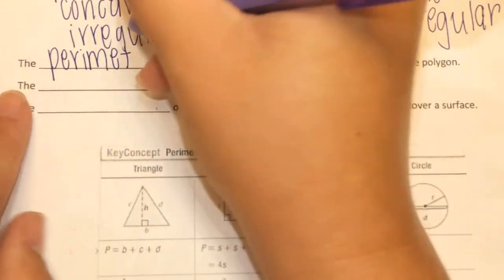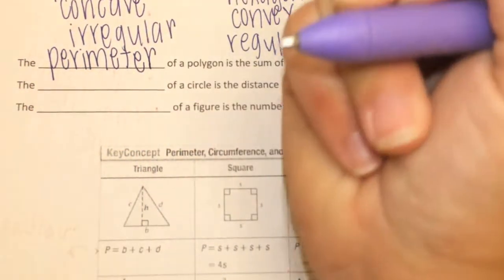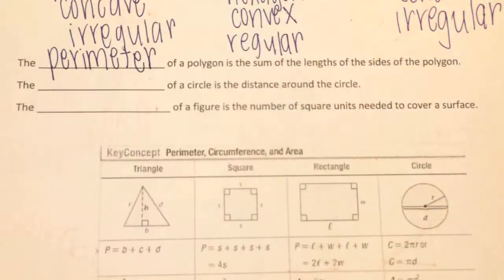Perimeter. The sum of the sides is perimeter. However, we cannot count all the sides of a circle because circles don't have sides. So there's another name for the perimeter of a circle. What is it? Circumference. Good. So the second fill in the blank is circumference.